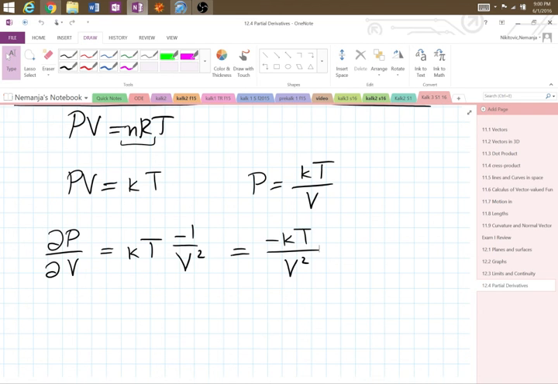Not time, temperature. We can do any of these, guys. Let's find the change of pressure in respect to temperature. What is that?